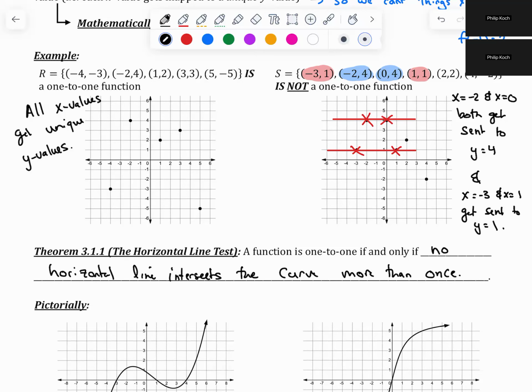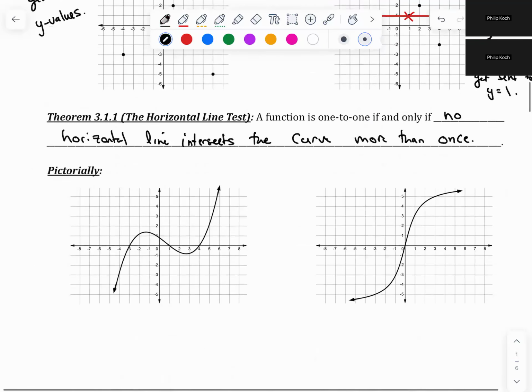If no horizontal line intersects the curve more than once, then it's a one-to-one function. So that's the horizontal line test. Very similar to the vertical line test, just flipped. And it's not about deciding whether or not something is a function. It's about showing whether or not a function is one-to-one.